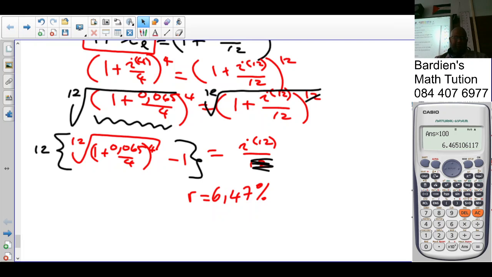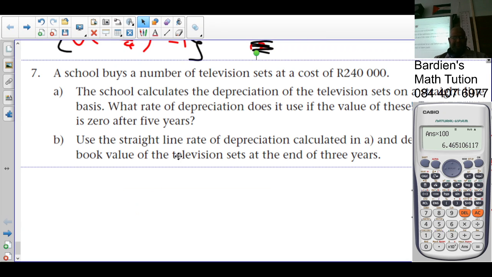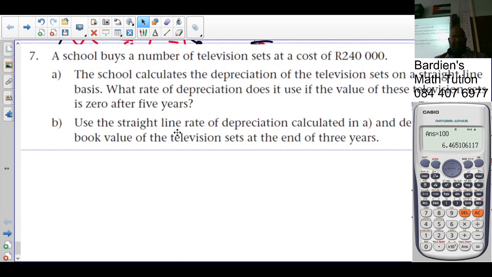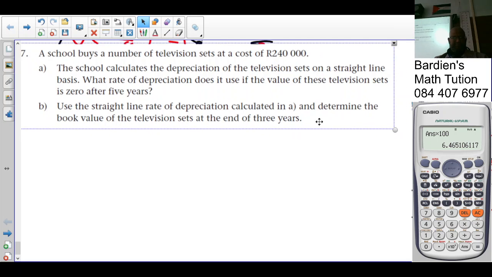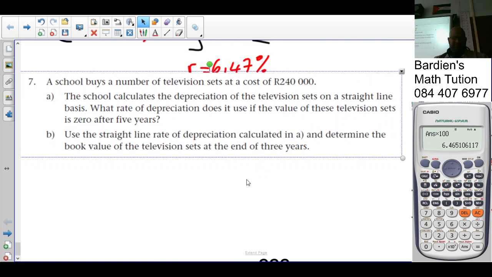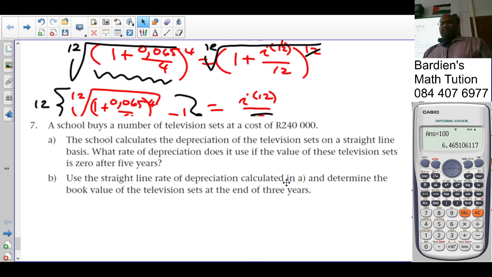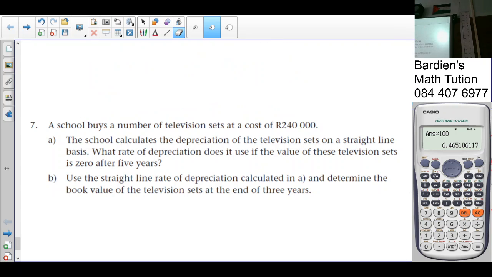And then I must do example 3 in today's lesson. Correct? Number 7. There's a lot of space at the bottom there, just in case I need space.